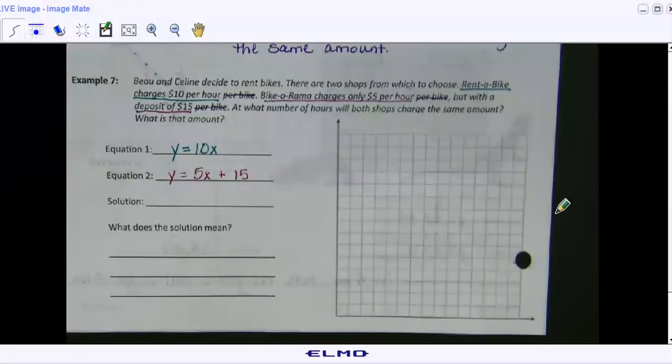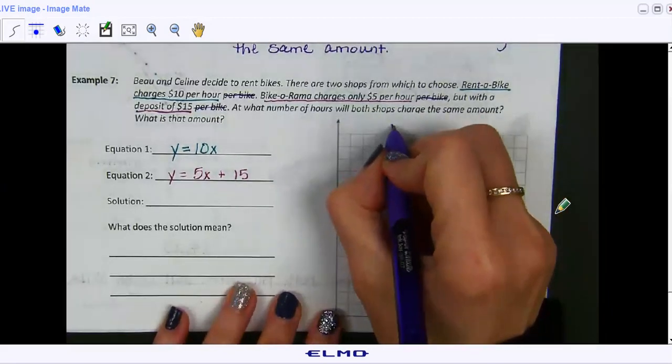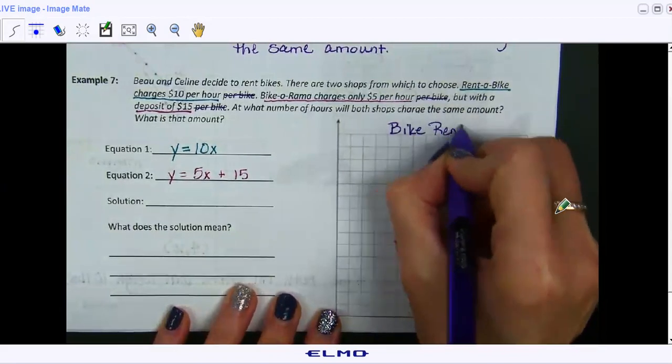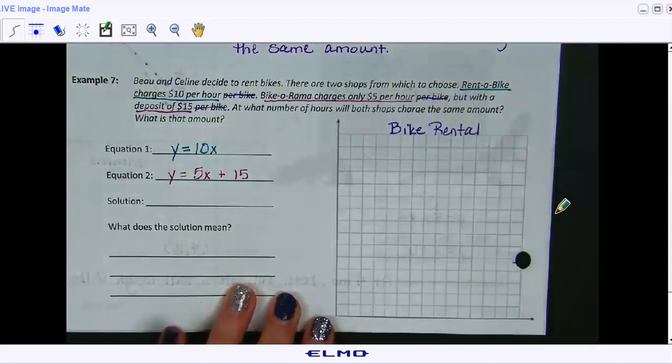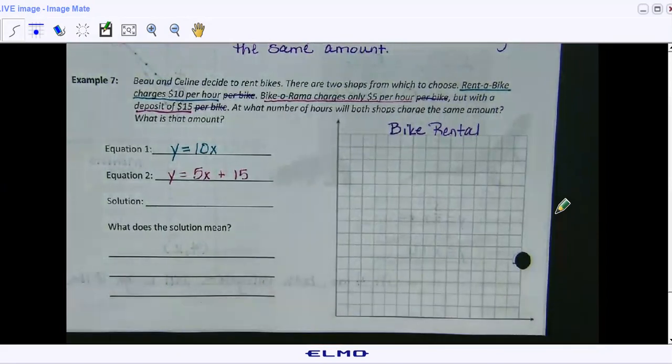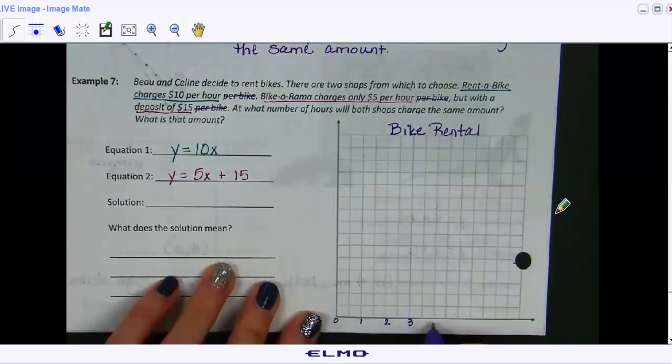Once we have both equations, we need to graph. So we're going to title it bike rentals. Then on the x-axis, I'm going to go by ones. I can skip lines on my x-axis, so 1, 2, 3, 4, 5, 6, 7.